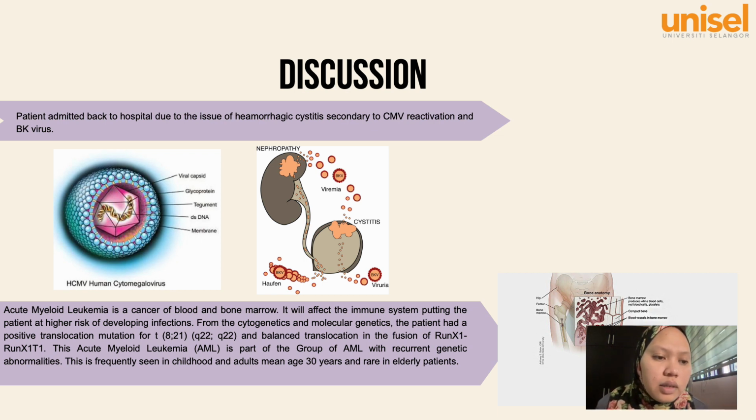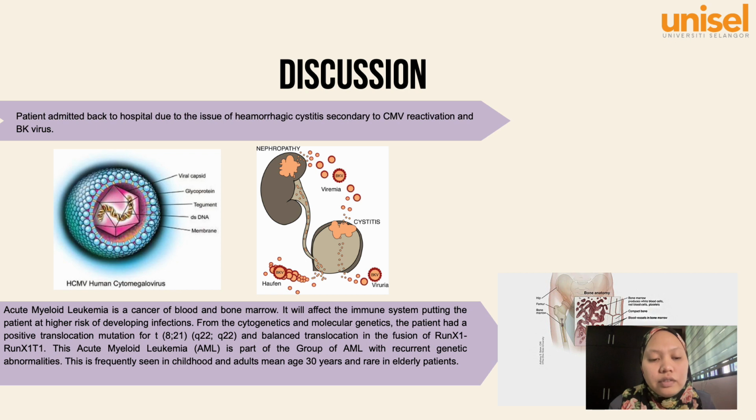Okay, and then acute myeloid leukemia is a cancer of blood and bone marrow. It will affect the immune system, putting the patient at higher risk of developing infections. From the cytogenetics and molecular genetics, the patient had a positive balanced translocation involving RUNX1 and RUNX1T1. This acute myeloid leukemia is part of the group of acute myeloid leukemia with recurrent genetic abnormalities.